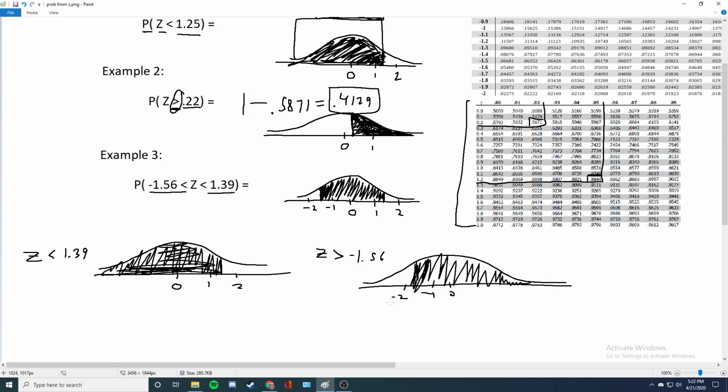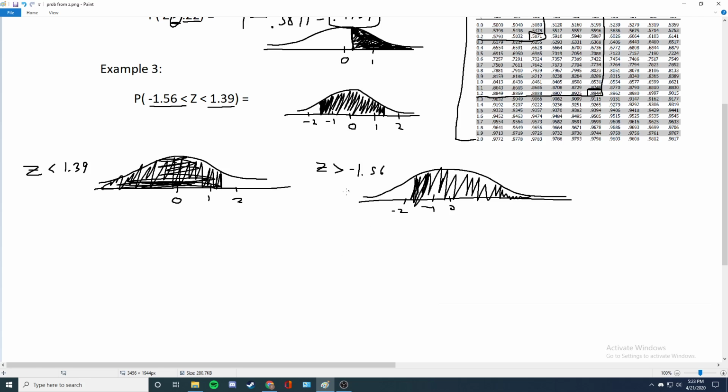So if we want to get the area in between them, we can find the area at the z-score of negative 1.56 from the table, which is the area less than that.